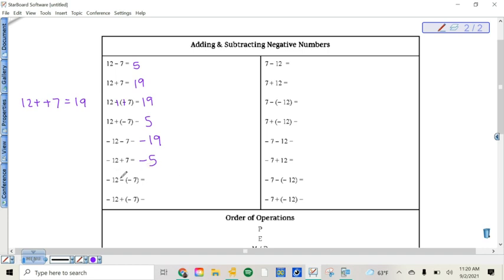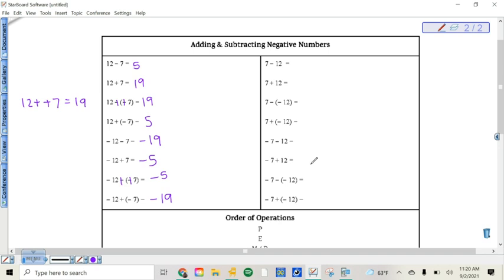Negative 5. It's the same thing because when I subtract a negative number, it becomes positive. And then negative 12 plus negative 7? Negative 19. Because when I add a negative number, it's the same as subtracting that number.